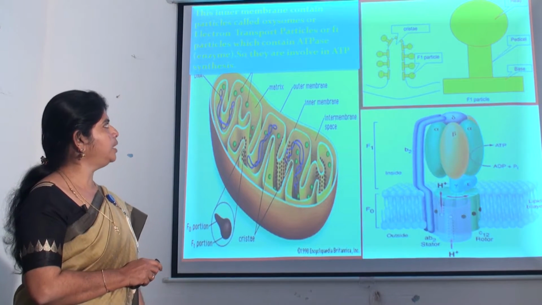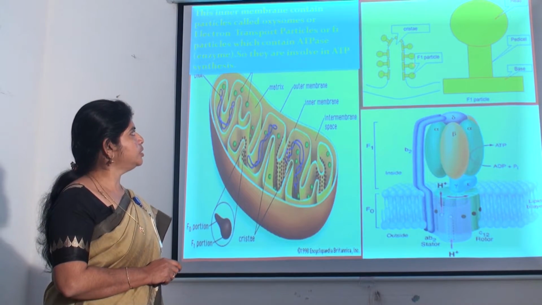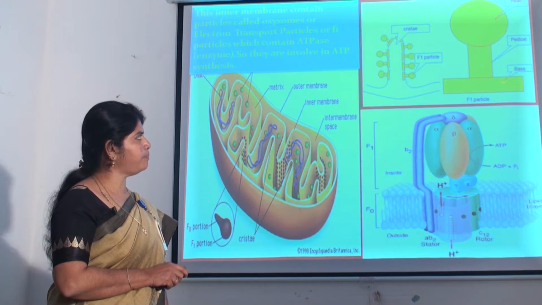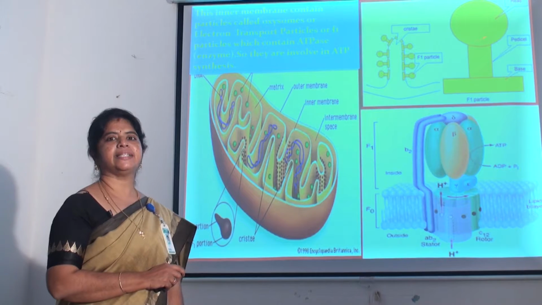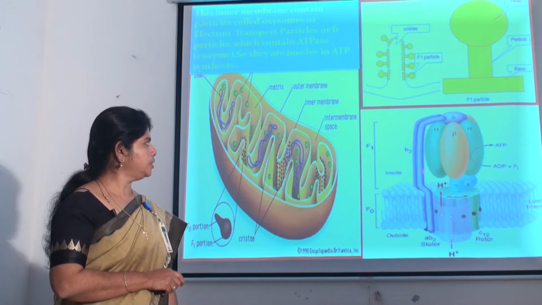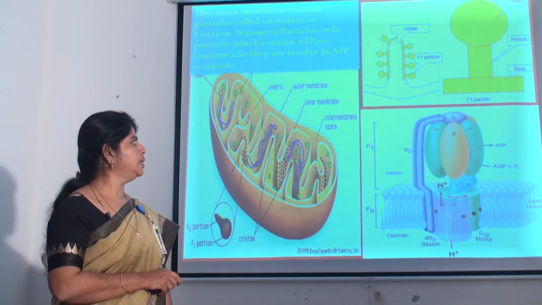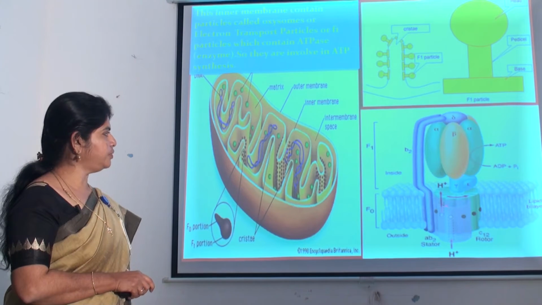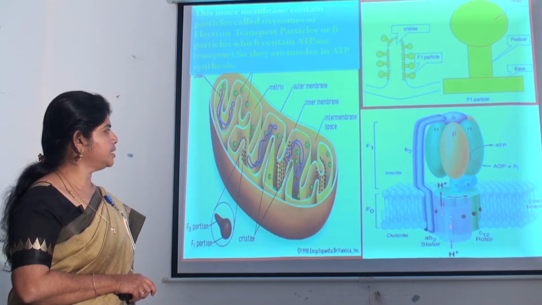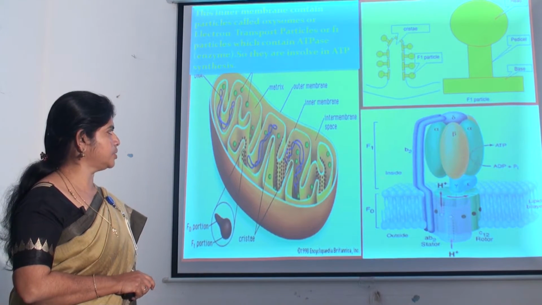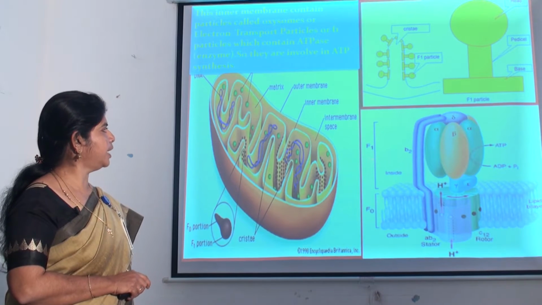They are called F0 particles. This is the F1 particle, this is the base, this is called the stalk or pedicel, and this is the head of the F1 particle. This is also an electron microscope image of these F1 particles. You can see the clear structure here. This is F0 and F1.